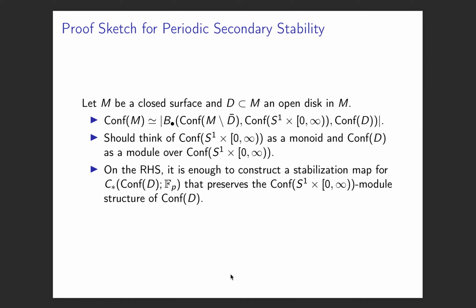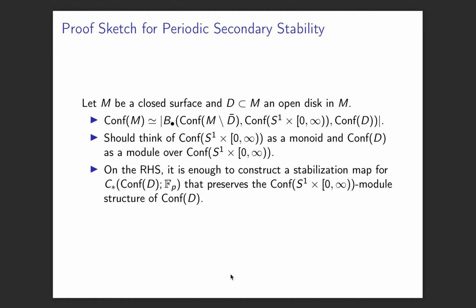So with the time I have remaining, let me just give a proof sketch for how one would prove periodic secondary stability. So for this part, M is going to be a closed surface, and D is just going to be an open disk in our manifold.